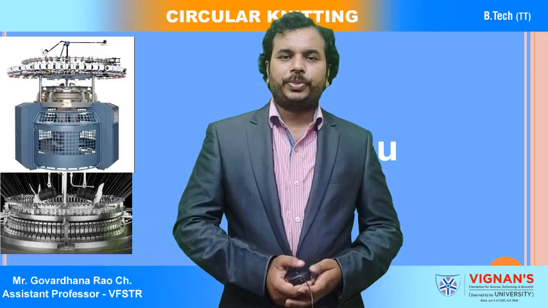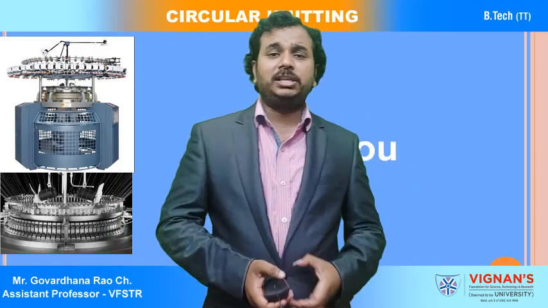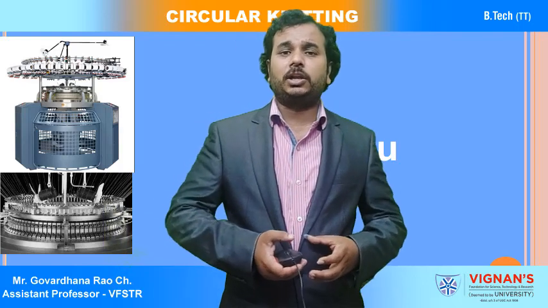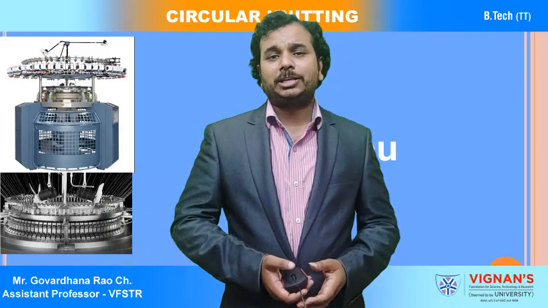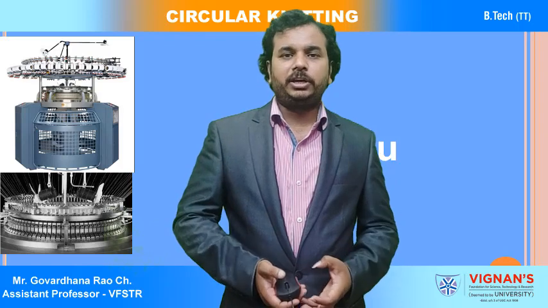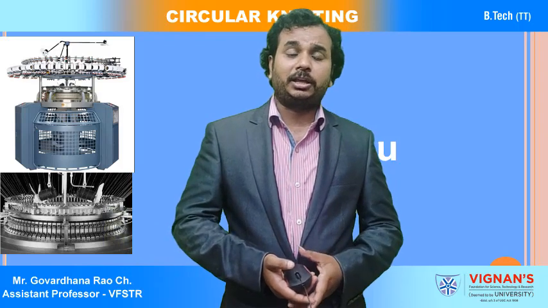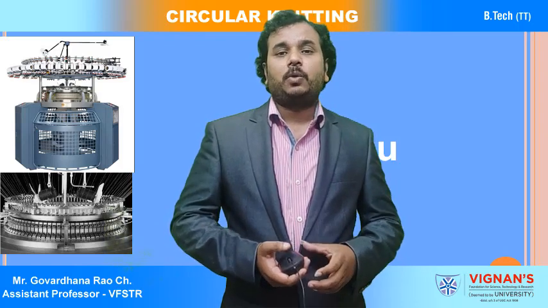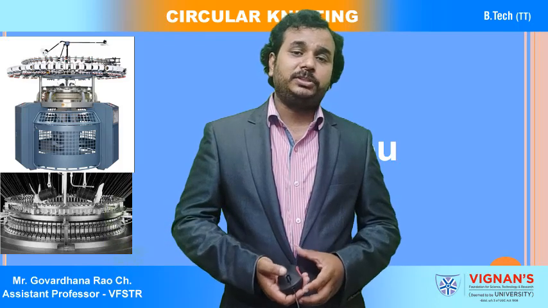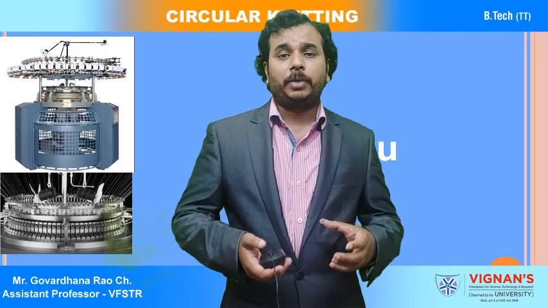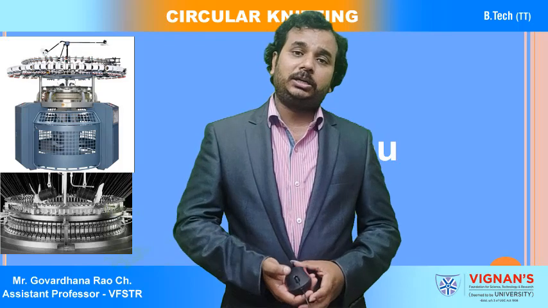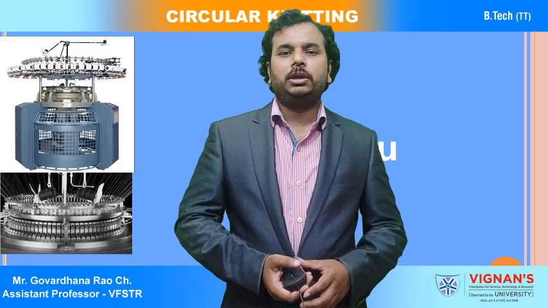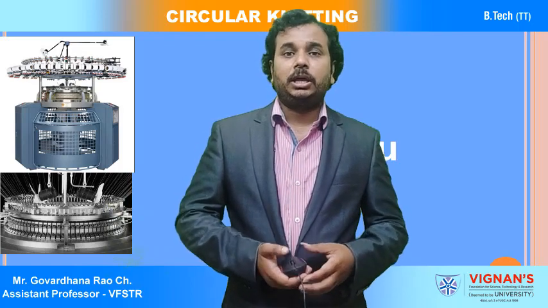In the next sessions we will see what technological evolution has taken place in weft knitting, circular knitting, as well as the different types of jacquard mechanisms and how we use multi-butt needles. We will discuss this in the further sessions.